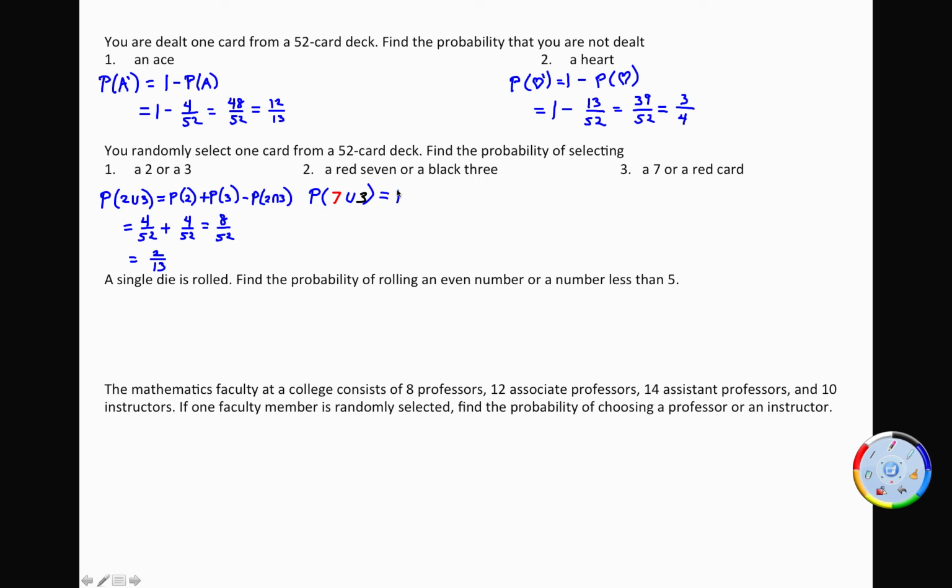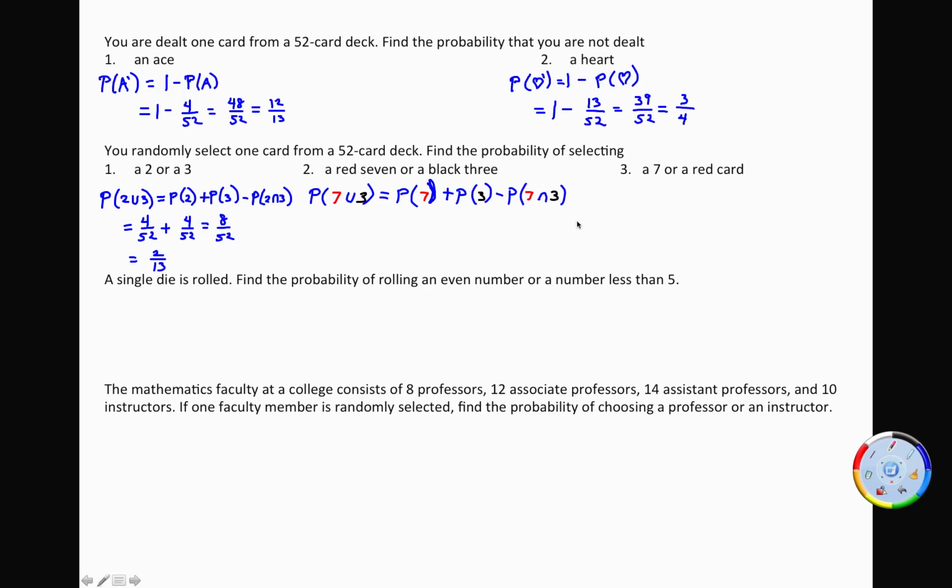Well, that's the probability that we're going to get a red 7 plus the probability that we're going to get a black 3 minus the probability that we're going to get a red 7 and a black 3.